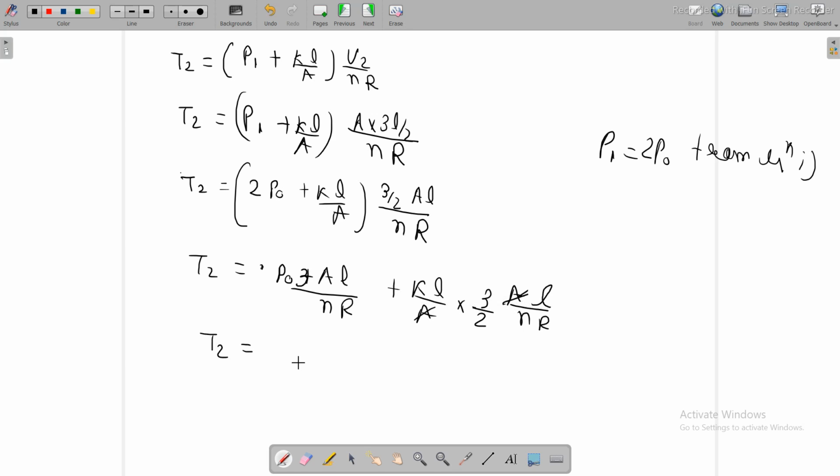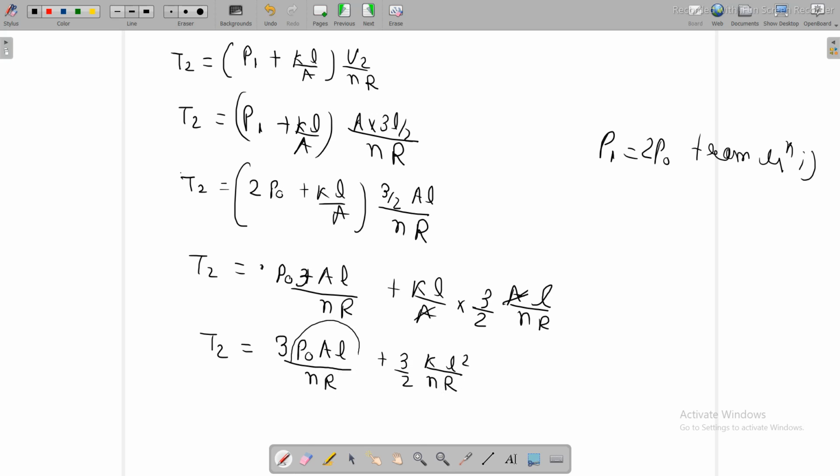Therefore T2 is equal to 3 P0 AL by nR plus 3 by 2 KL square over nR.